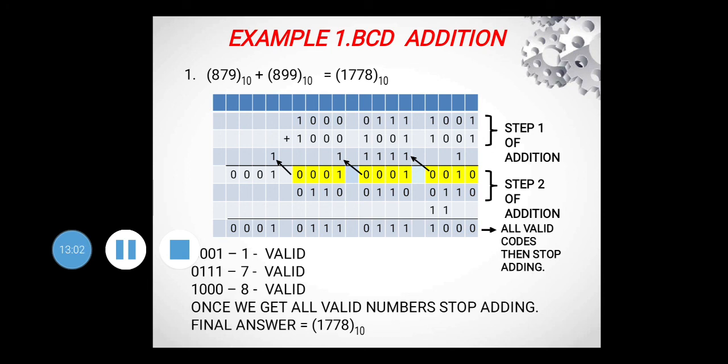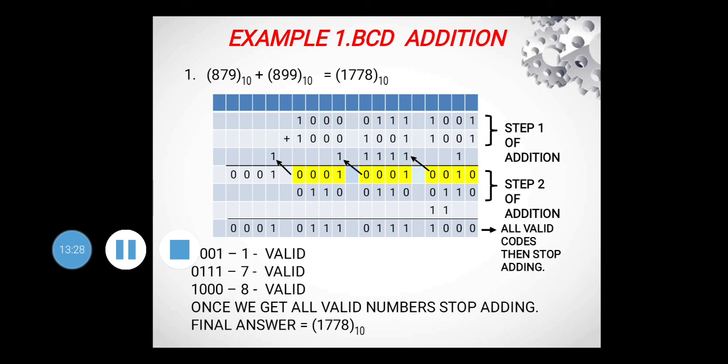If auxiliary carry is generated, you are going to add 6 to that result. So check. 0001 is a valid number, but auxiliary carry is generated, therefore add 6 below, 0110. Then next also auxiliary carry is generated, add 0110. Again auxiliary carry is generated, add 0110.